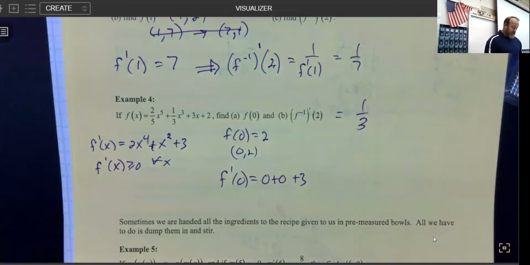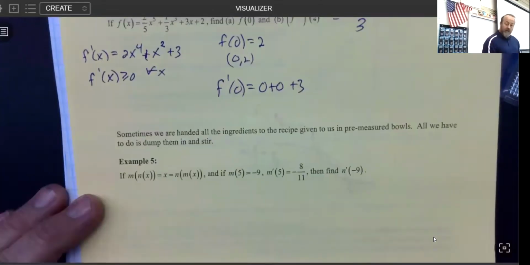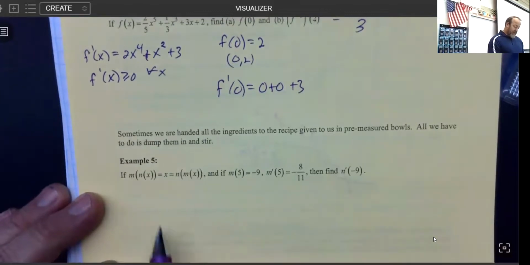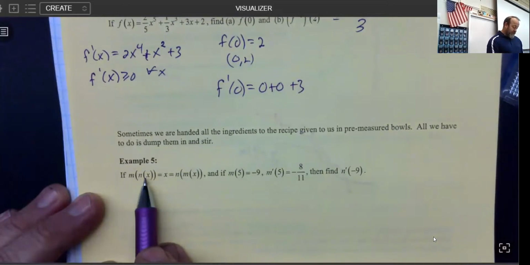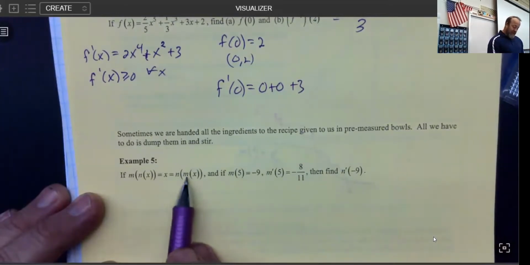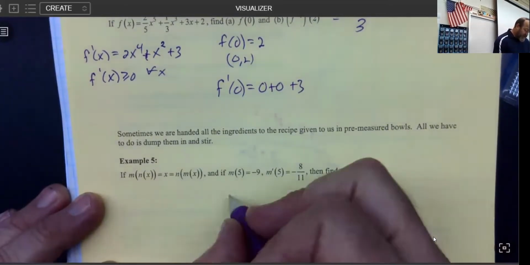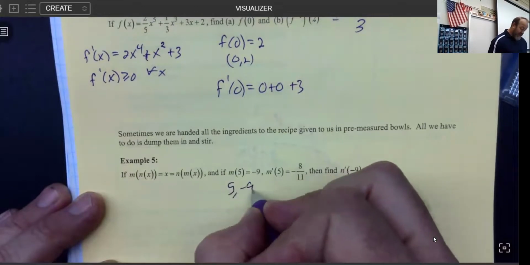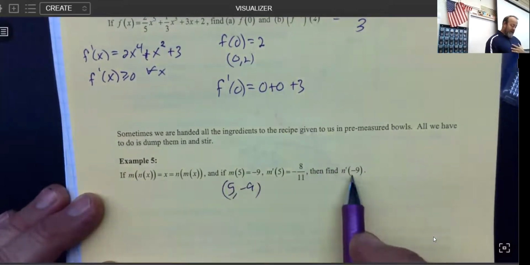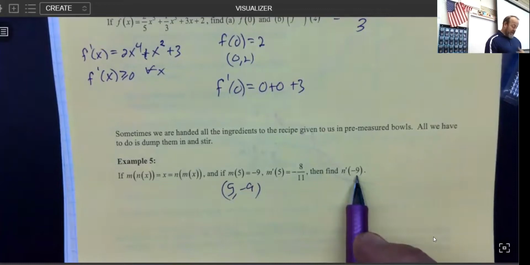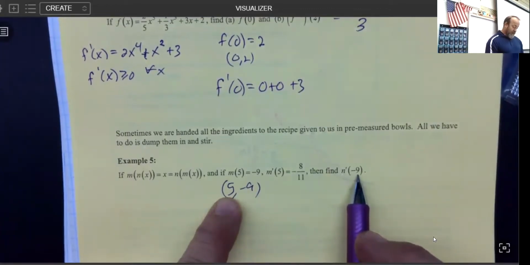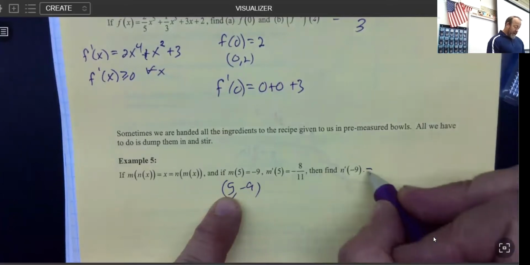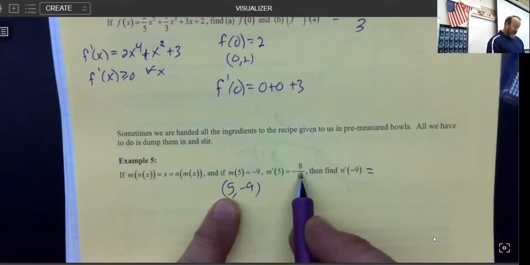Okay? And I suppose it might be worthwhile to take a look at this last one. They're telling you m of n of x equals x, so m and n are inverses of each other. N and m again are inverses of each other. So my original function is (5, -9). If I want to talk about n at negative 9, I can do that by looking at m at 5. And what I know is that m prime at 5 is negative 8/11ths.